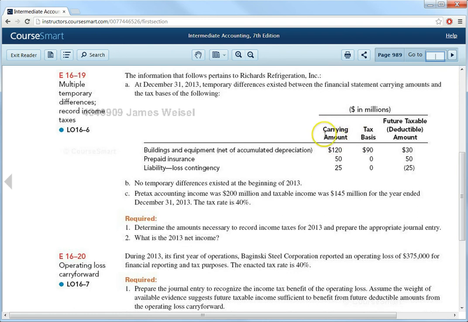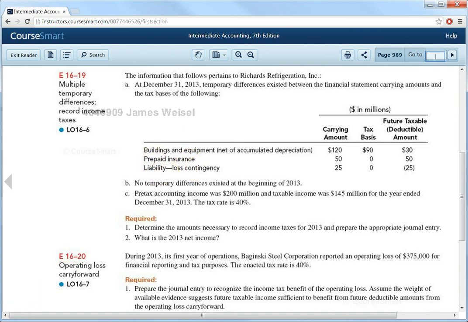When we see carrying amount, that is almost always referring to the GAAP basis for assets and liabilities. Tax basis, of course, is based on tax law. So we can see that there's a difference in the book value of the asset, whether we are looking at GAAP or if we are looking at the tax basis for those assets, and prepaid insurance, as well as this loss contingency liability.